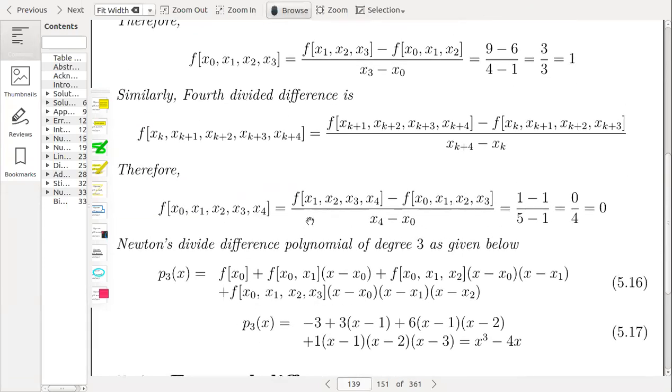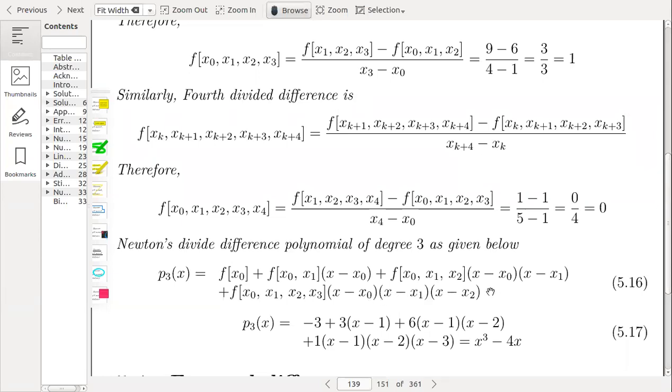We are mentioning two ways: if you are interested in computing using the formula, you can compute using the formula, or if you are interested in making the table, you can use the table. Here Newton's divided difference polynomial of degree 3 can be written as: this is the zeroth difference, then the first difference times x minus x0, then the second difference times x minus x0 into x minus x1, then the third difference times x minus x0, x minus x1.